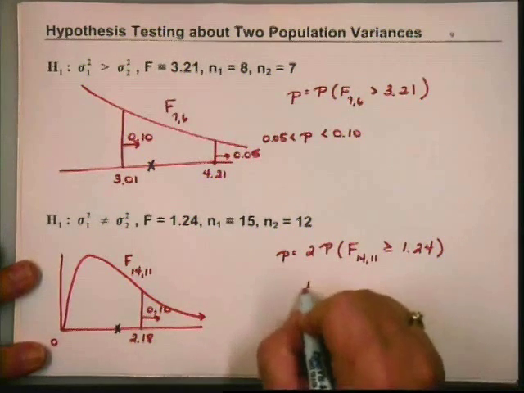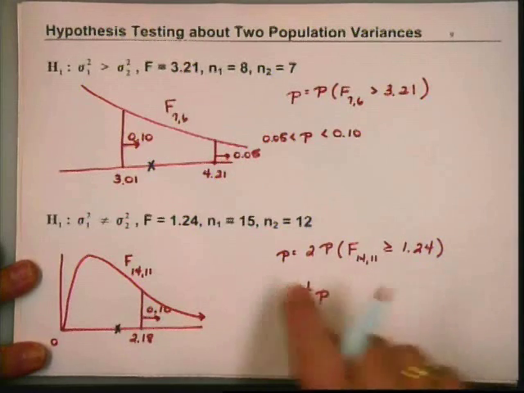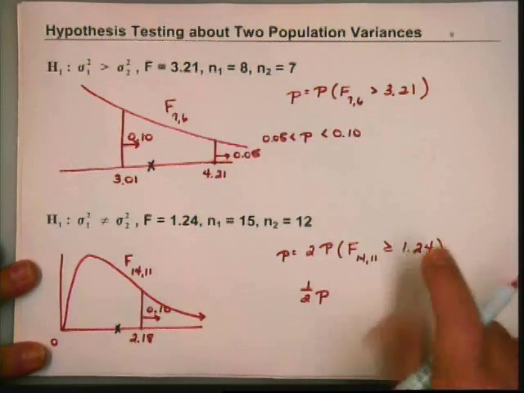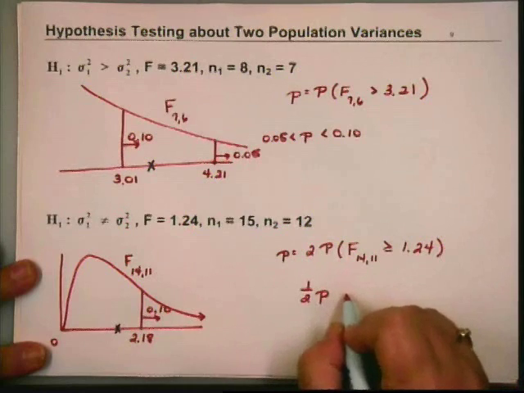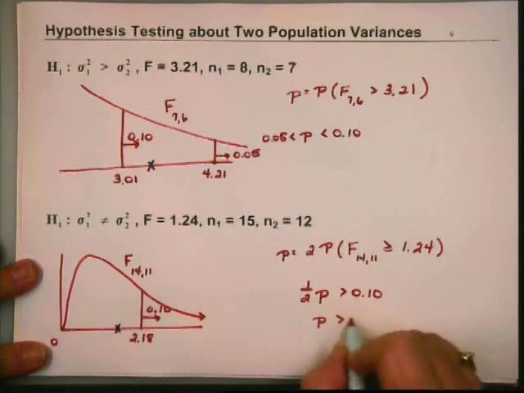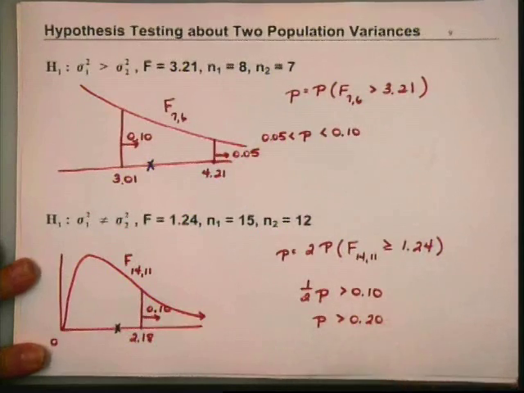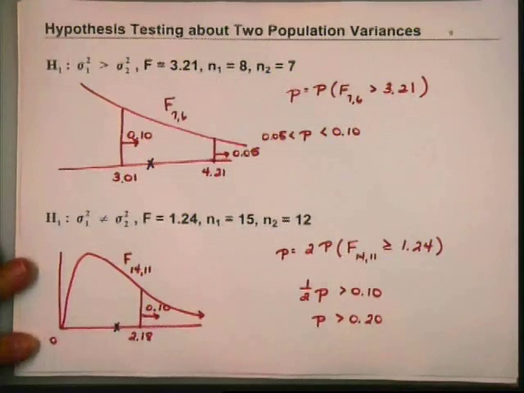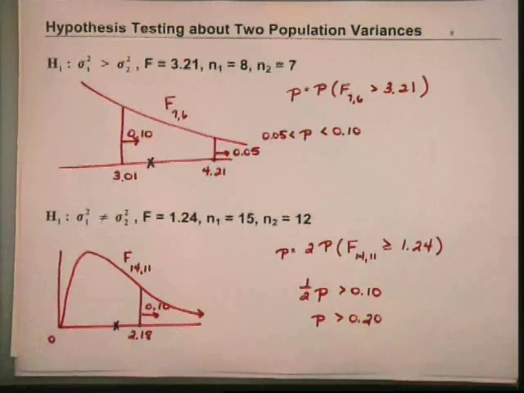So 1/2 p is equal to this quantity, so 1/2 p we know is bigger than 0.10, so that means our p-value is greater than 0.2, and that's the best we can tell. Now, if you wanted to put an upper bound on that of 1, that's fine, but not needed.